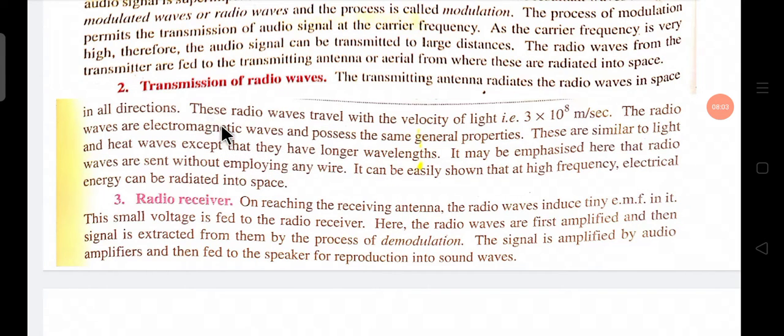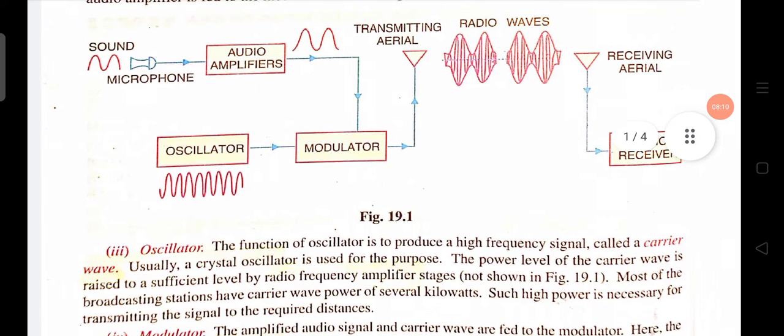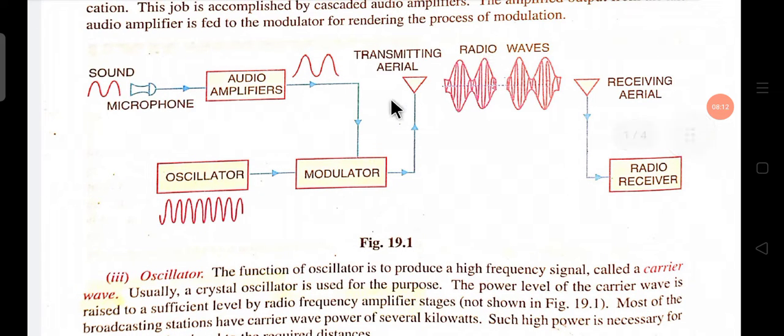You don't need to remember this much, only remember that the antenna transmits our modulated signal, which is coming from the modulator, through the wireless medium, which is our space, our air. The modulated signal frequency is in the range of the radio wave.